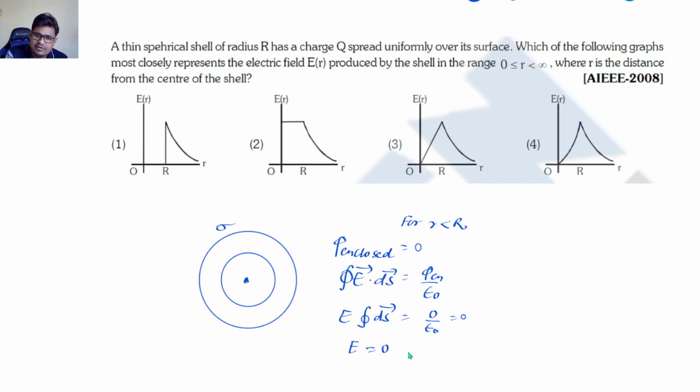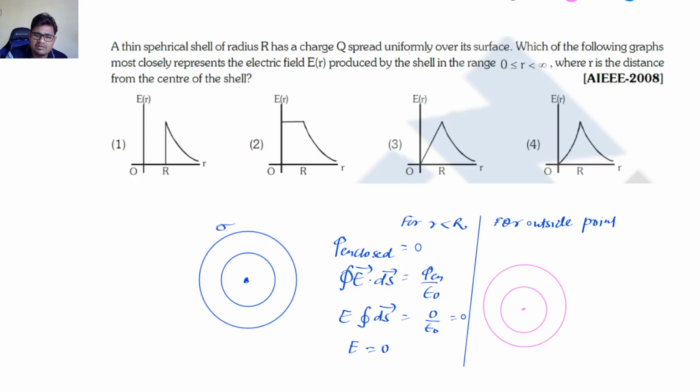Now if we talk about an outside point, suppose this is the spherical shell that we have here, and if we draw the Gaussian surface on it, let's say this is the Gaussian surface I have drawn here. So this is the sphere and this is another sphere.